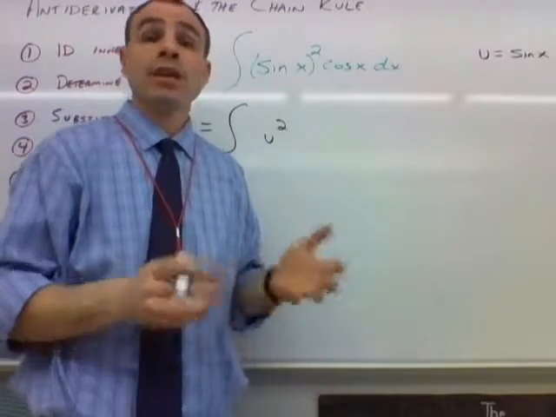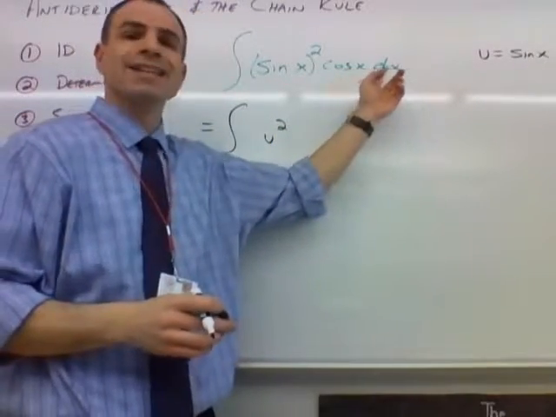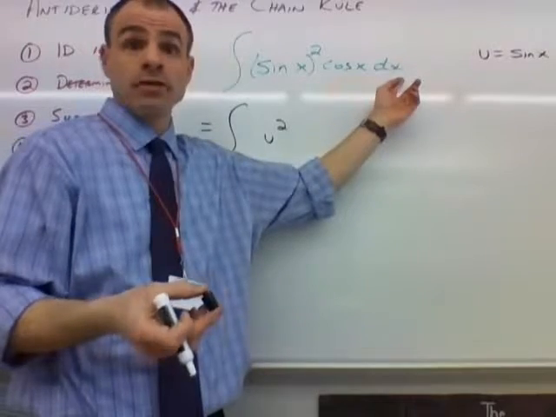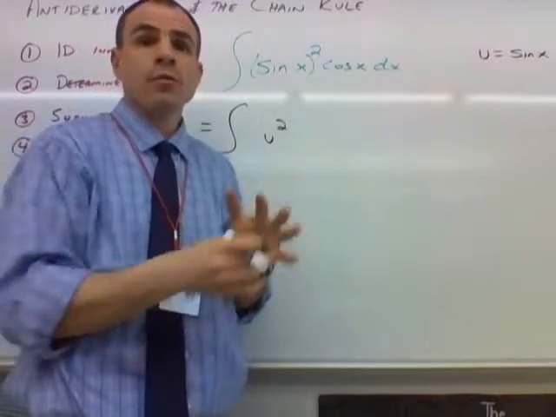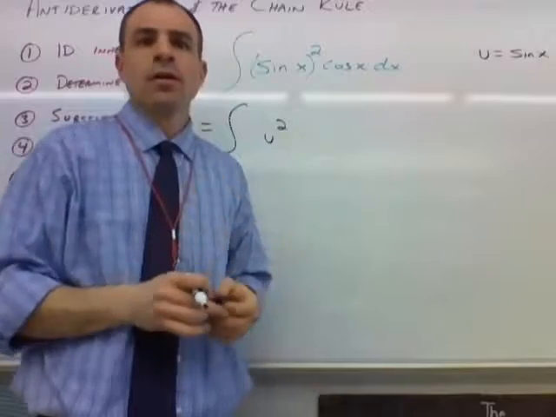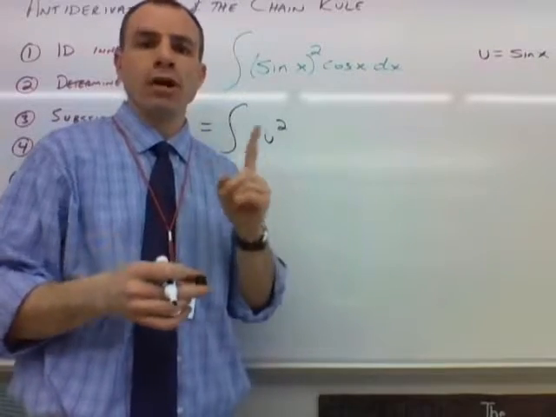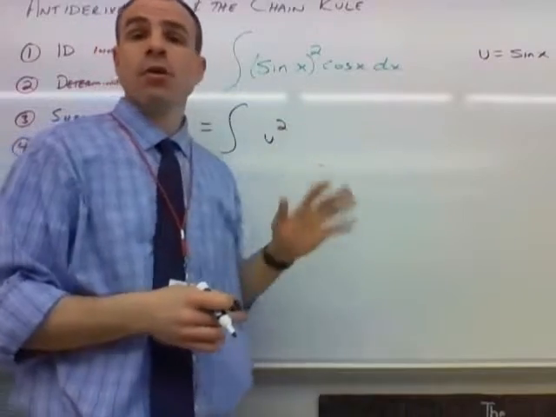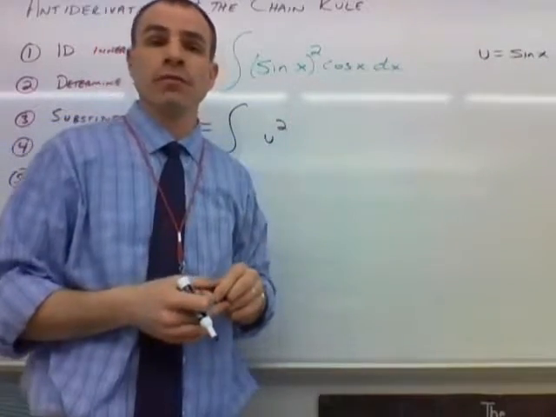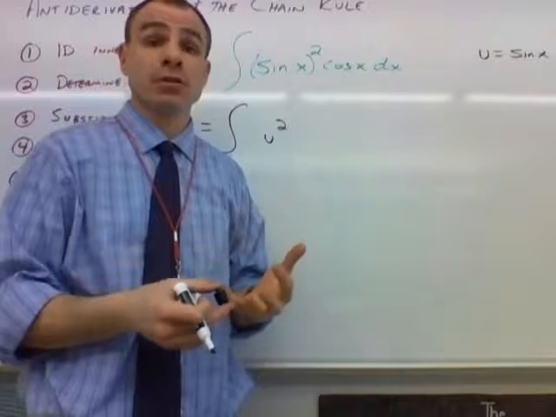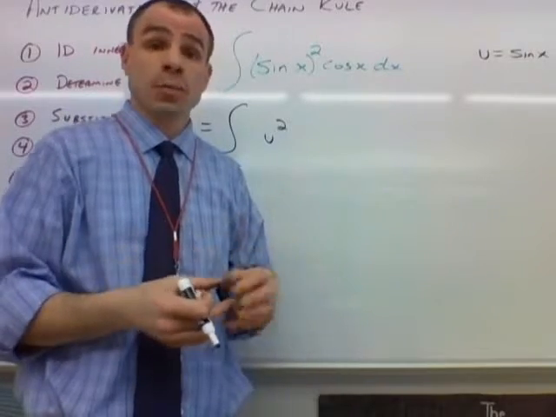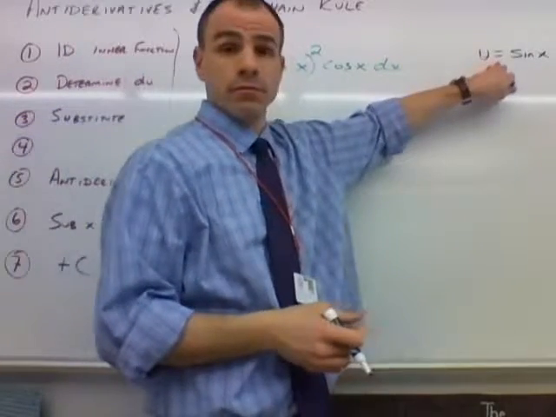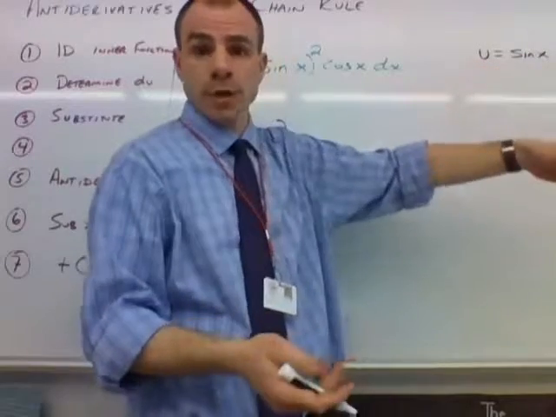But the issue is we still have cosine x and our differential dx, which are both in terms of x. We don't want cross variables. We want one single variable. U can come into play, but only if those x terms are no longer involved. We need a differential that involves u. So we're going to derive u with respect to x.